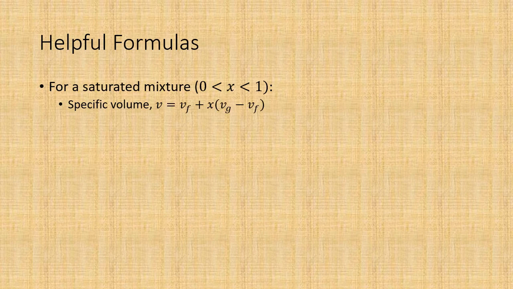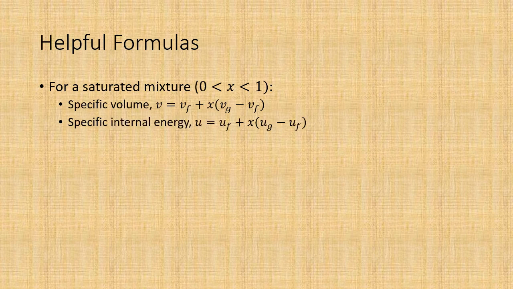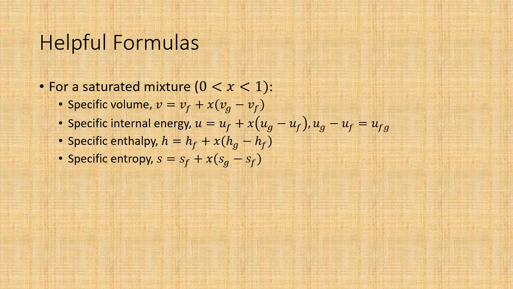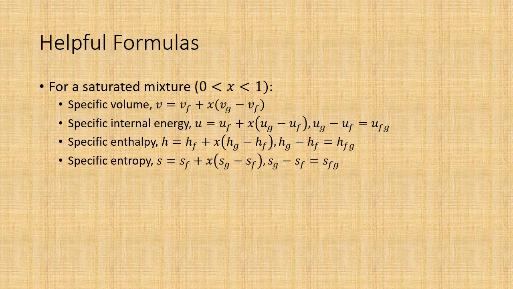The second, third, and fourth formulas are the same formula, but instead of specific volume, they help calculate the specific internal energy U, specific enthalpy H, and specific entropy S, respectively. In the tables we use, Ug minus Uf is already calculated and included as Ufg, Hg minus Hf is included as Hfg, and Sg minus Sf is included as Sfg.